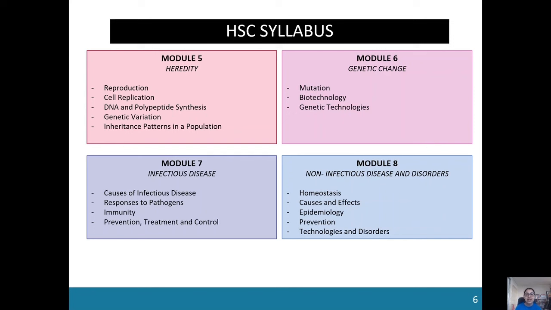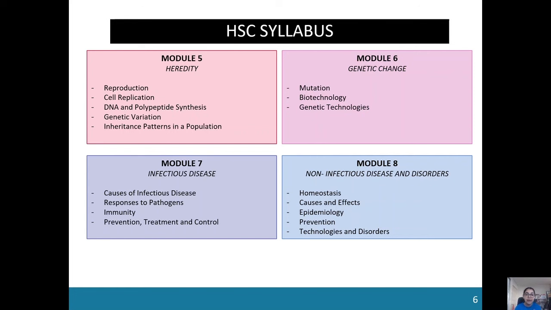Module 6 is obviously the smallest one out of the 4, and it has a lot of overlap with the other 3 modules. Mutations, we start off by looking at the different types of mutations and their causes and their effects, and that links really closely back to module 5.